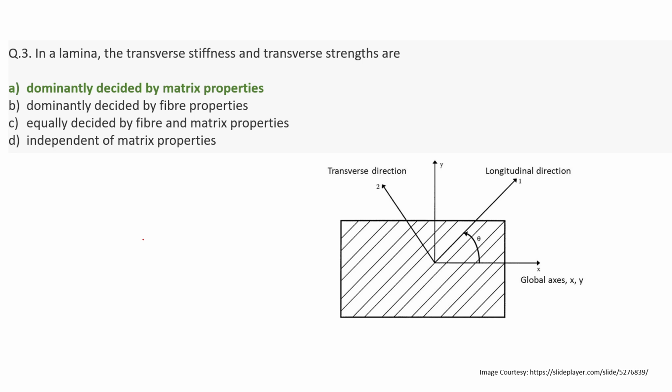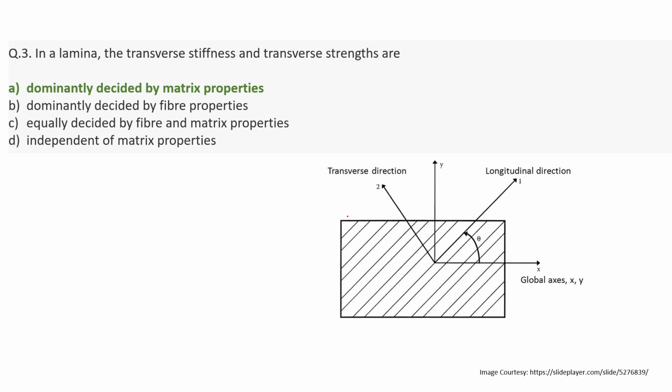Next, question number 3 is that in a lamina, the transverse stiffness and transverse strengths are. The options are A, dominantly decided by matrix properties; B, dominantly decided by fiber properties; C, equally decided by fiber and matrix properties; or D, independent of matrix properties. So whenever we are talking about transverse and longitudinal, longitudinal is the direction in which the fibers are aligned.